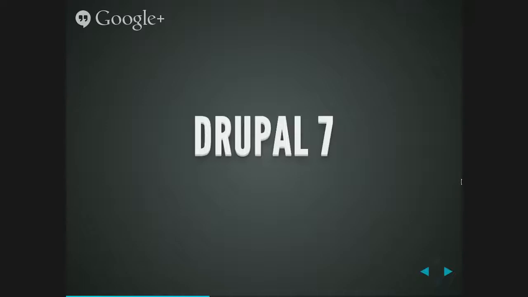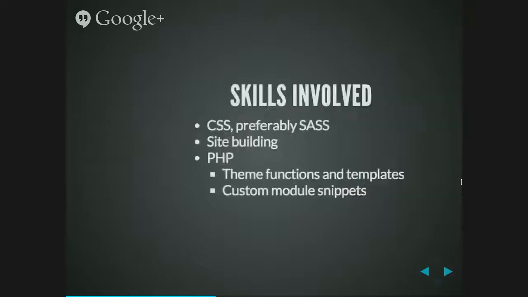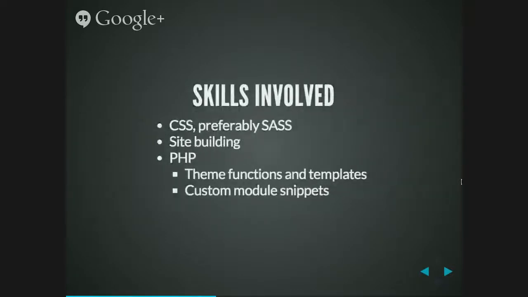Let's talk about trying to use that with Drupal 7. The thing is, to use those classes, you have to change your markup, your HTML. And with Drupal 7, you're going to need to know more than the CSS. You're going to have to change the markup that you're getting from it.